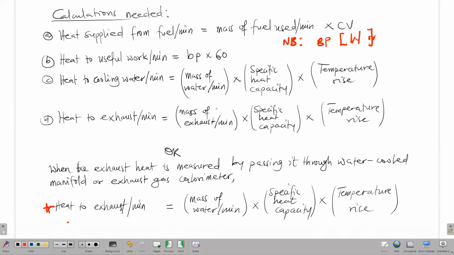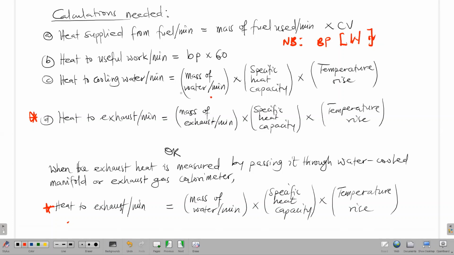Note the difference. Earlier, I said the heat to exhaust per minute is the mass of exhaust per minute times the specific heat capacity times the temperature rise. The difference between this and this is basically the mass of exhaust per minute and then the mass of water per minute.